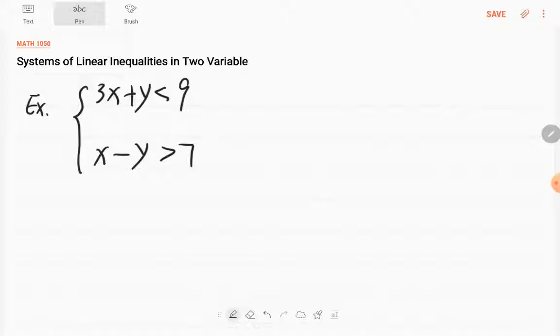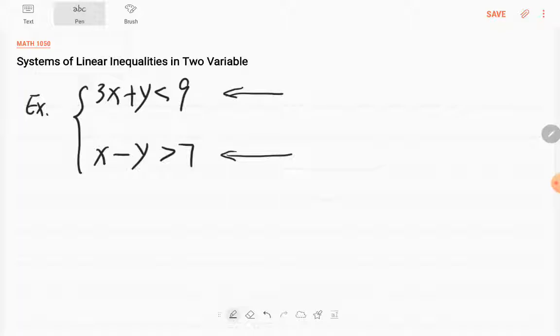We can draw the graph for the first linear inequality to find the half plane for its solution. Then we draw the solution region for the other linear inequality. Then we can see where the common part is. The common part would be your solution for this system.